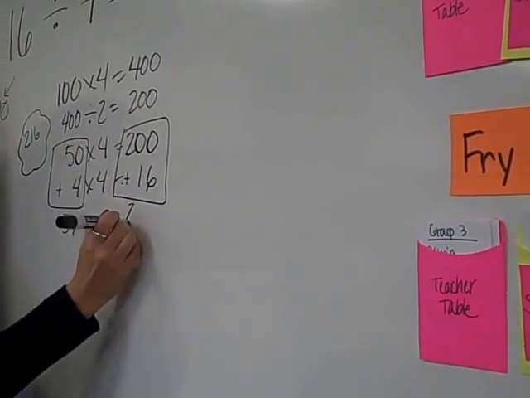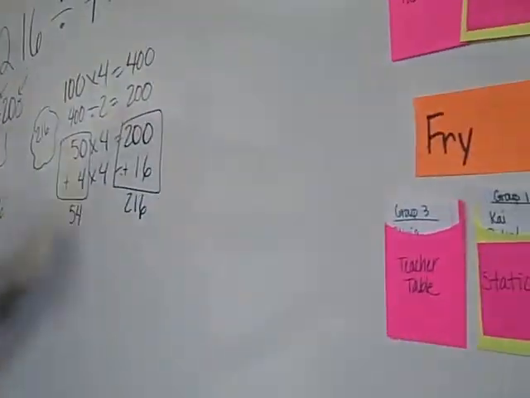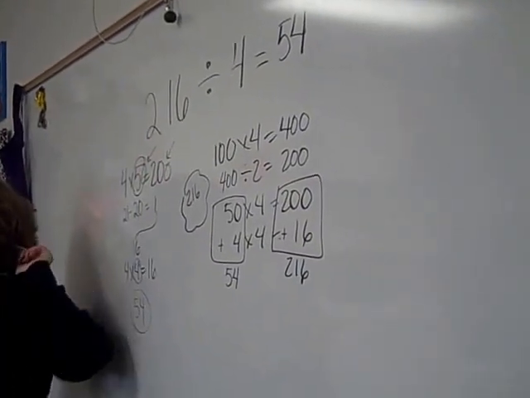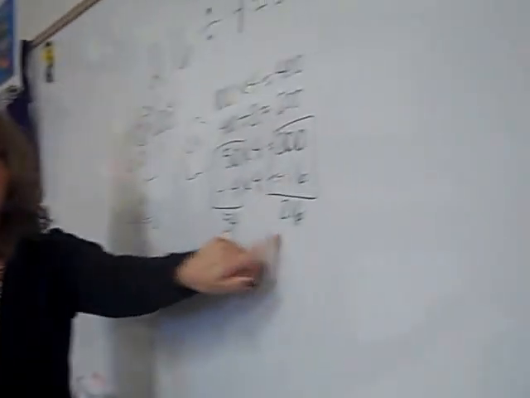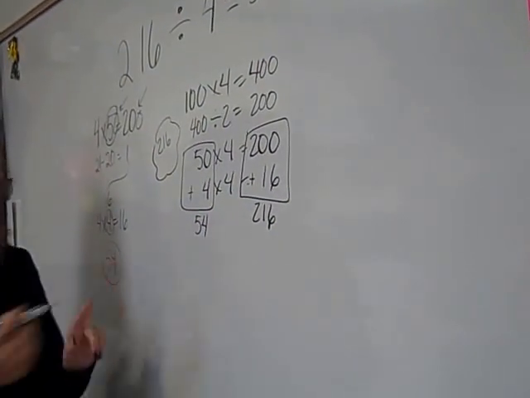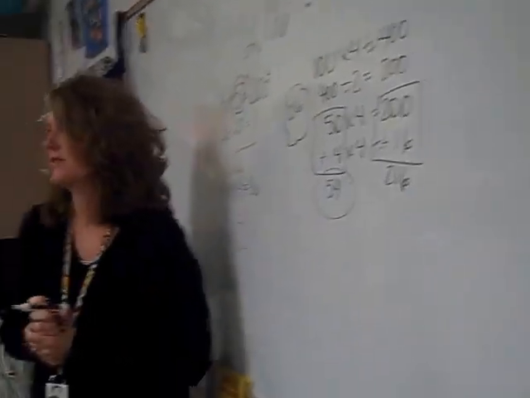Those two give you 216, the correct answer. What part of our problem was 216? Do you remember that word? The dividend. So this is the dividend, and 4 is your divisor, and this is your quotient. Nicely done. Thank you. Does anybody have another way that you got there?